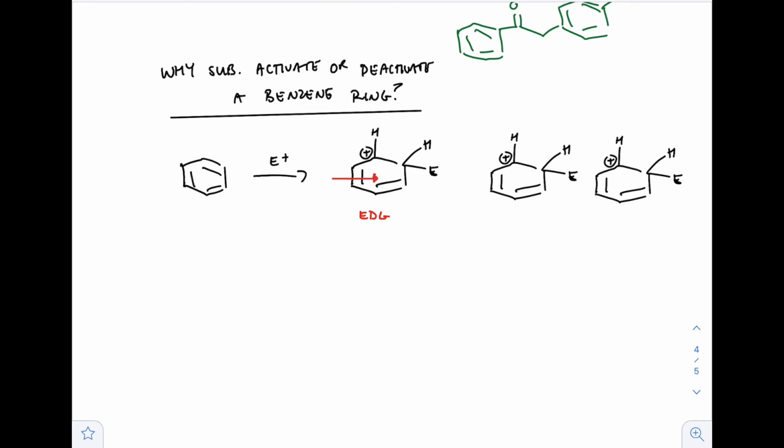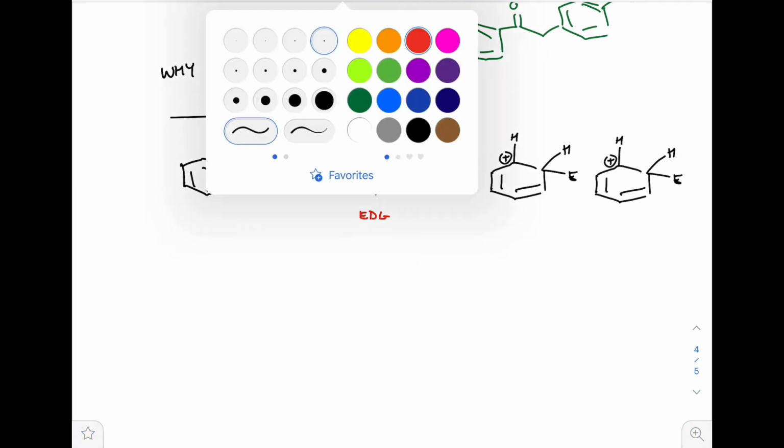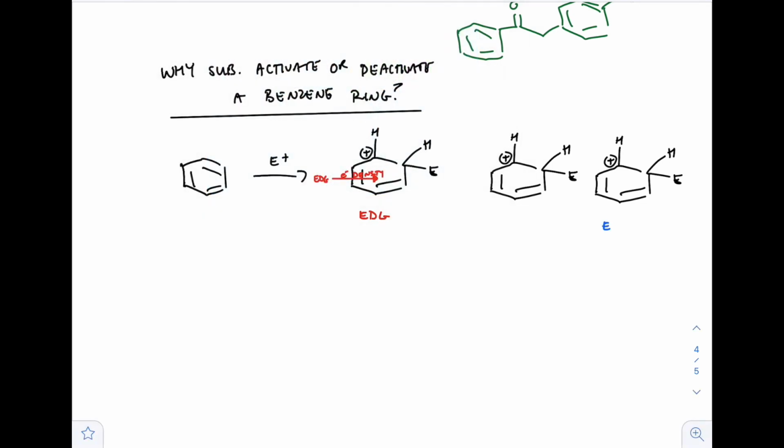Remember, this is donating into the carbocation intermediate the whole time, right? So the electron density is going into this carbocation intermediate, so it's helping to stabilize the positive charge. If you're putting electron density into a positive area, you're stabilizing it, making it less positive.